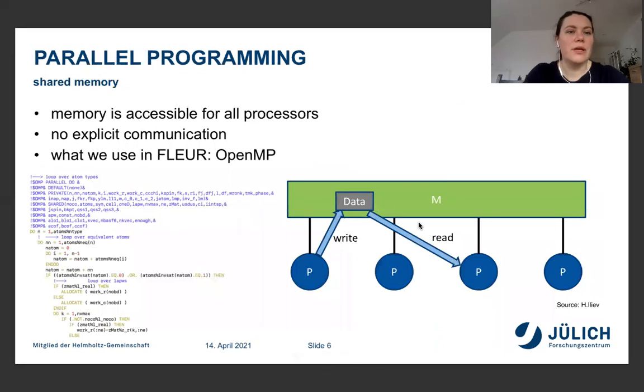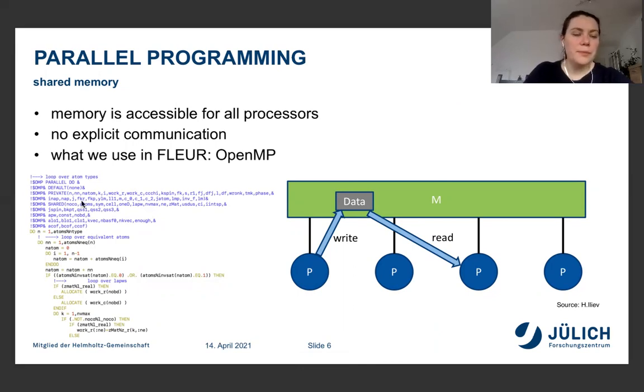We start with the shared memory parallel programming. Here, memory is accessible to all processors. Everyone can write and read data, and you have no need for explicit communication. What we use for that in FLEUR is OpenMP. You can see an example of the code on the slide.